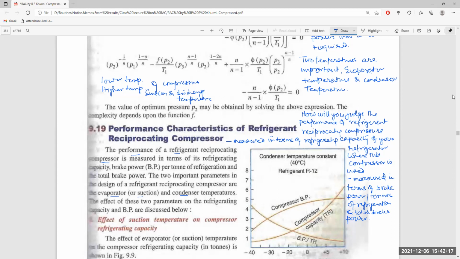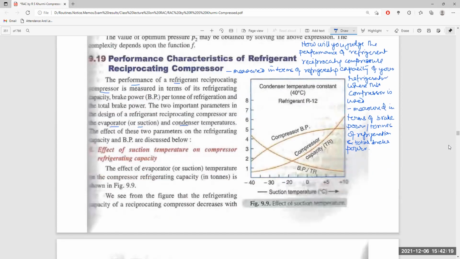Now, what will happen? The effect of suction temperature on the compressor is first. Let us just see the effect of suction temperature. We are plotting the suction temperature here on the axis in degrees centigrade: minus 40, minus 30, minus 20, 0, plus 5, plus 10, 15.